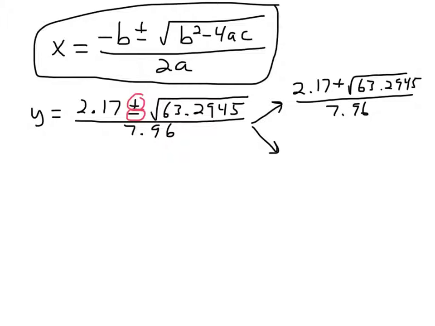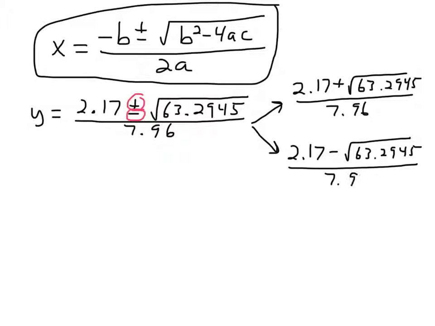Okay, and we can put that all into our calculator to get an answer, which I'll do in just a minute. And then we're going to also have 2.17 minus the square root of 63.2945 all divided by 7.96. So we're going to enter both of these into our calculator separately to get the two answers.